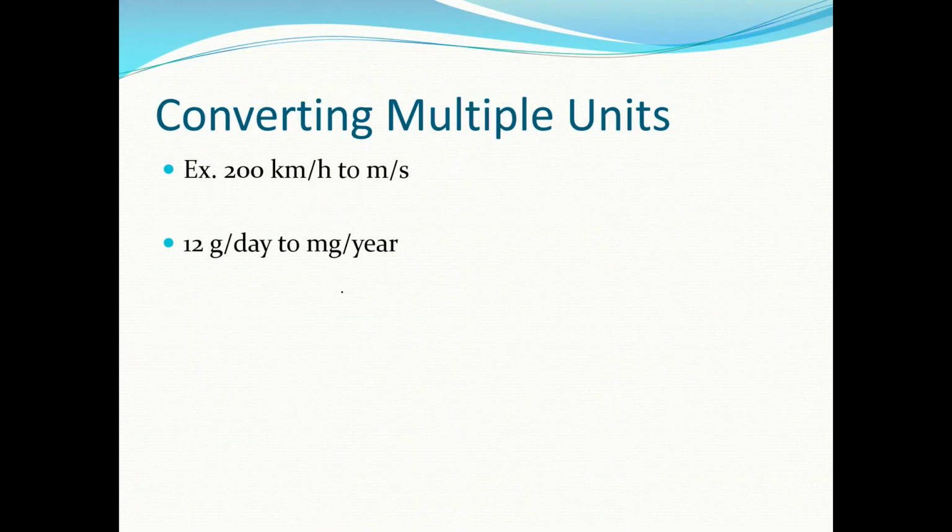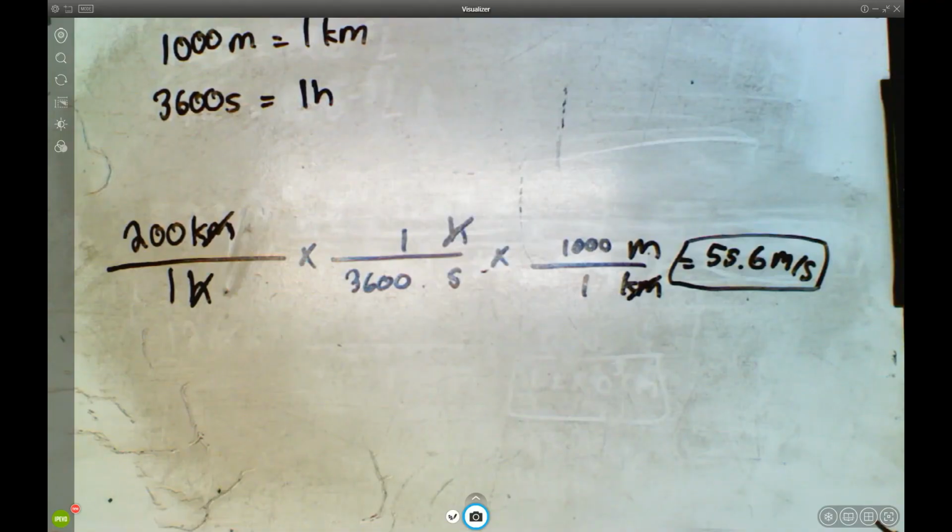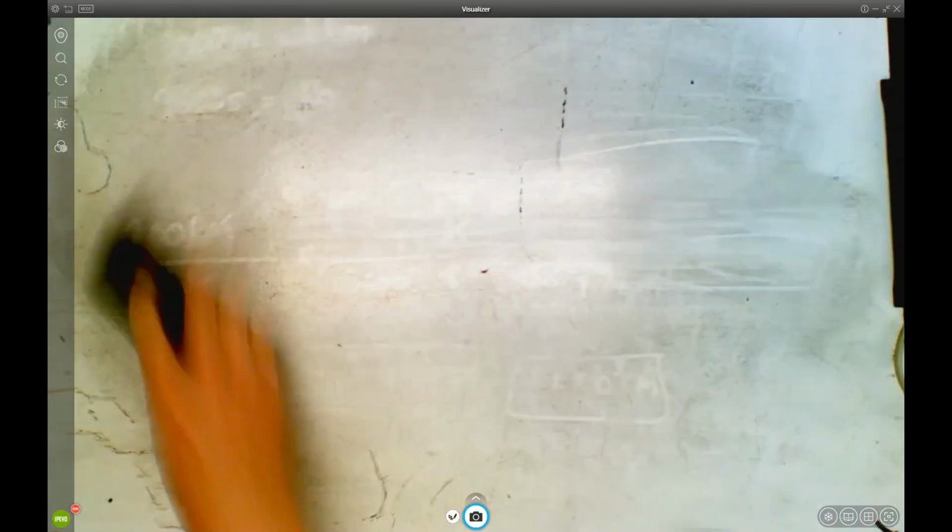So this is a weird one. Say you had a prescription where you're taking 12 grams per day and you wanted to know how many milligrams per year you were taking. Well, we can do that. What we need is a conversion between grams and milligrams. I can look that up on my data book.